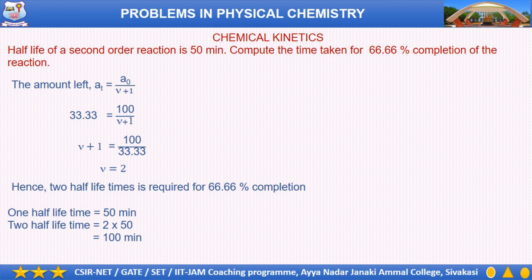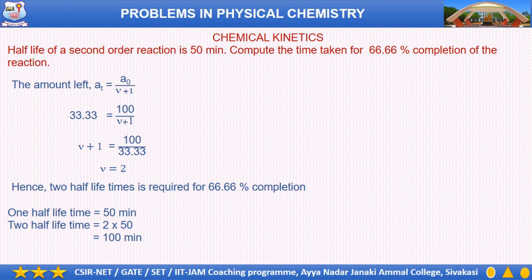At 66.6% reacted, therefore At is 33.3, and since percentage is given, A naught is 100, divided by 1 plus nu. Why am I choosing this? Because the half-life period is given, definitely we can make use of this equation. Therefore 1 plus nu is equal to 100 by 33.3. Therefore 1 plus nu is equal to 3.